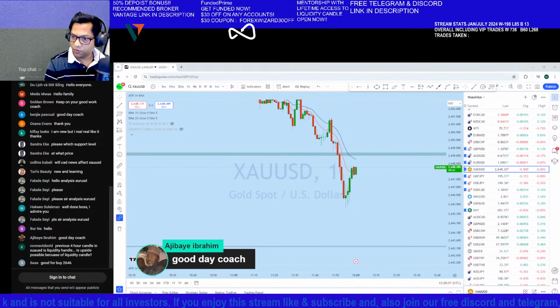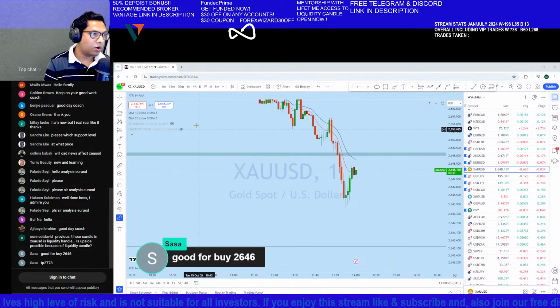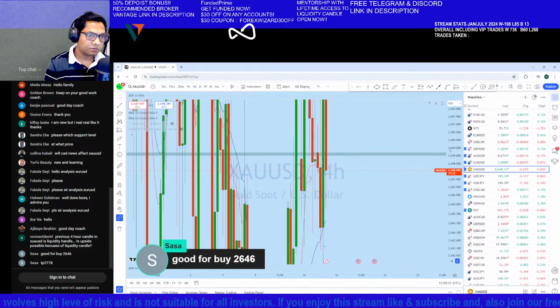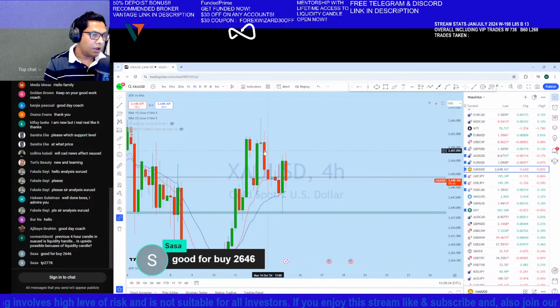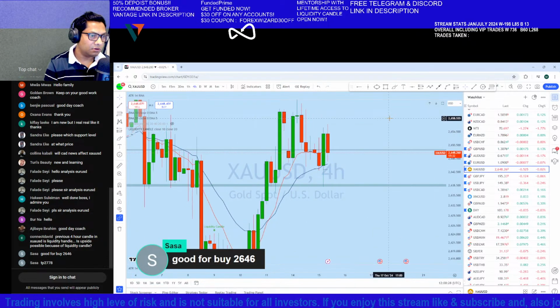Welcome. Provide 4-hour candle in XAU USD's liquidity candle, is upside possible because of liquidity candle? No, 4-hour. I don't see any liquidity candle.